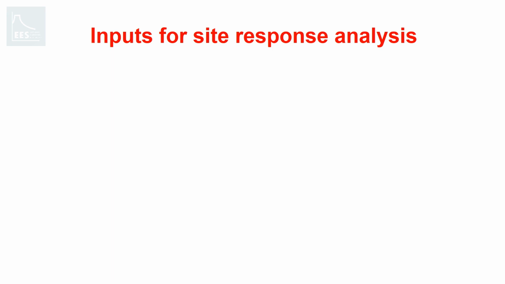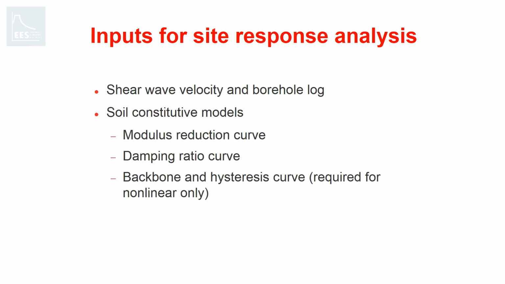So if you are wondering what are the inputs required for the site response analysis, then these include, number 1, shear wave velocity and borehole log profile, number 2 is soil constitutive models. These include modulus reduction curve, damping ratio curve, backbone and hysteresis curve, which is required for nonlinear analysis only, and finally the input ground motion or acceleration time history.